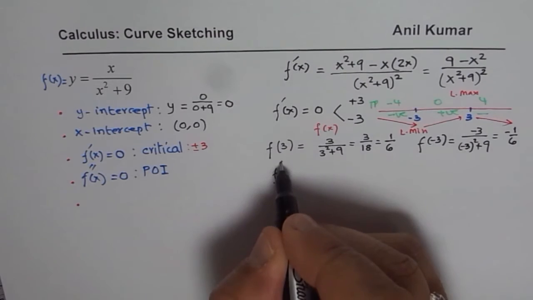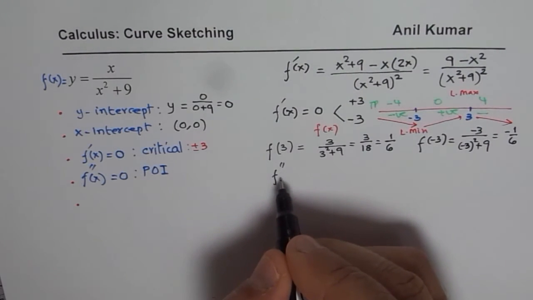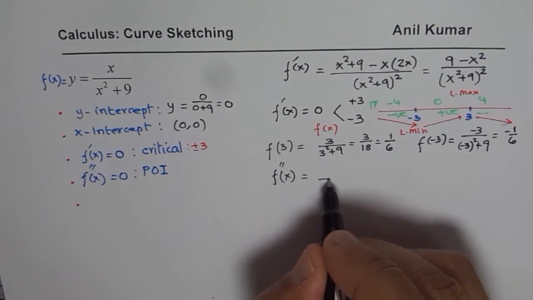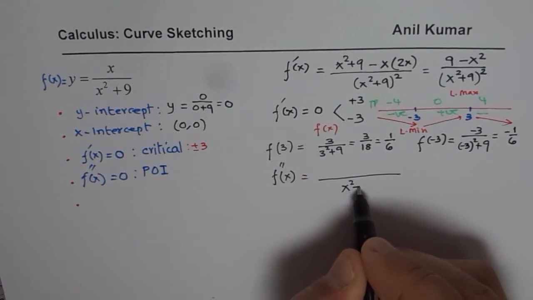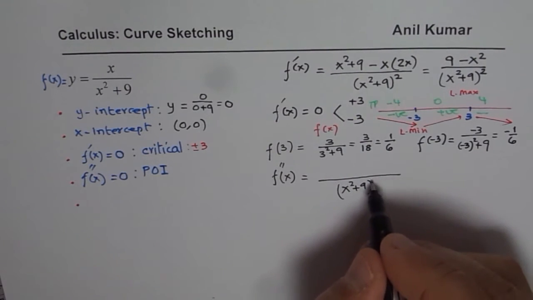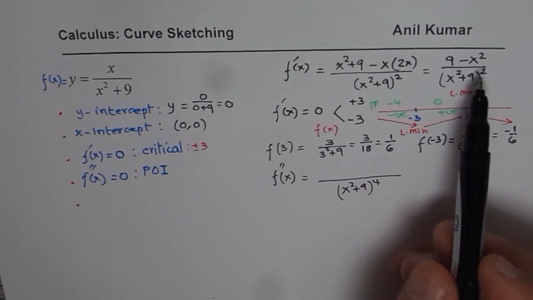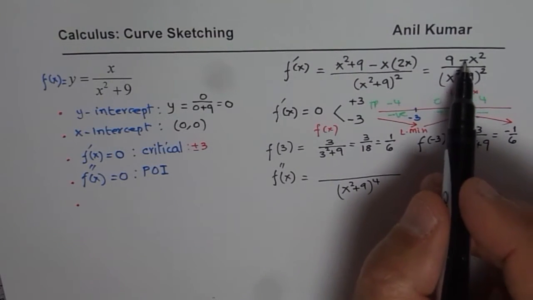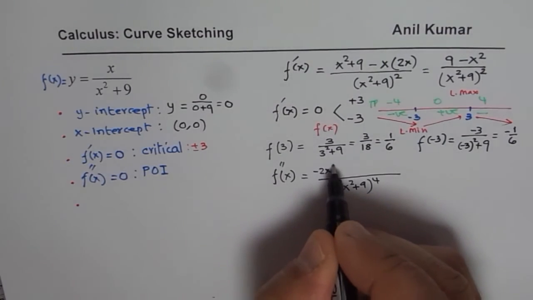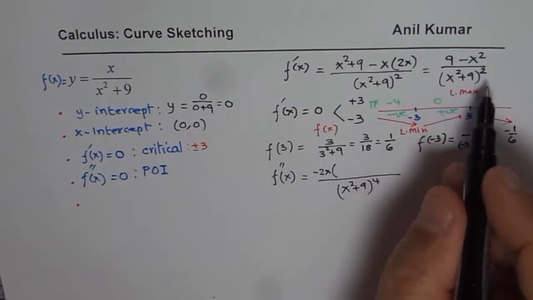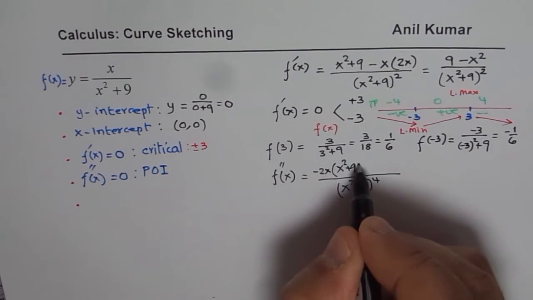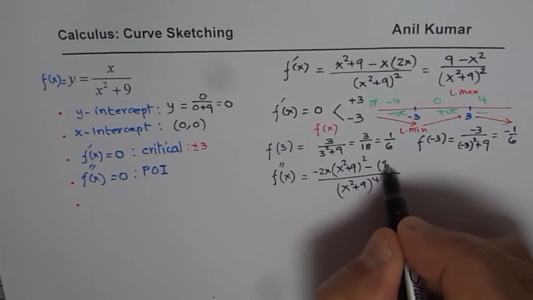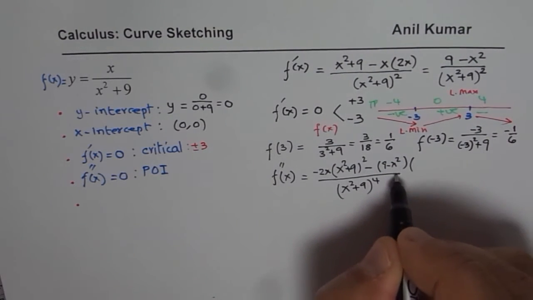For the second derivative, we could use this first derivative here, right, which is equal to the square of the denominator. So the square of the denominator will be x square plus 9 to the power of 4, times the derivative of the numerator, which is minus 2x, times x square plus 9 whole square, minus the numerator, which is 9 minus x square, times the derivative of the denominator.